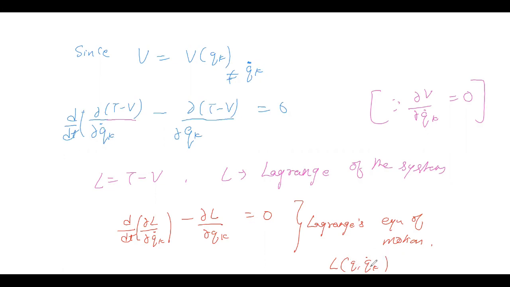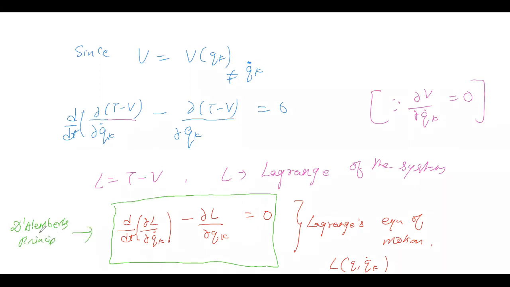This is the derivation asked in exams: derive the Lagrange equation from D'Alembert's principle. This is like a 10 marks question. From D'Alembert's principle, you have derived the Lagrange equation of motion. So this is the first derivation, and all of you have to practice this part.